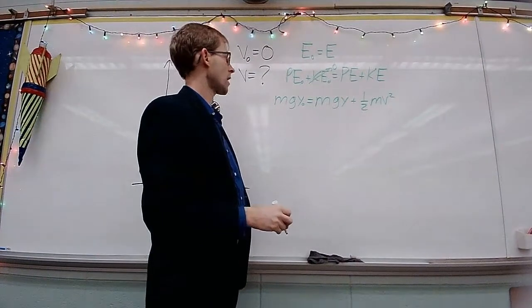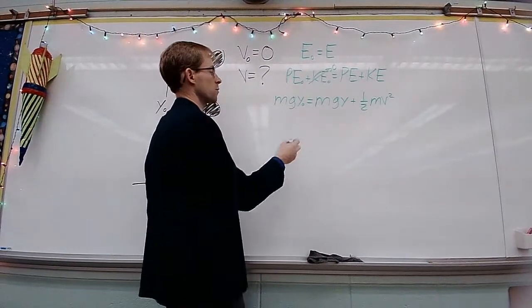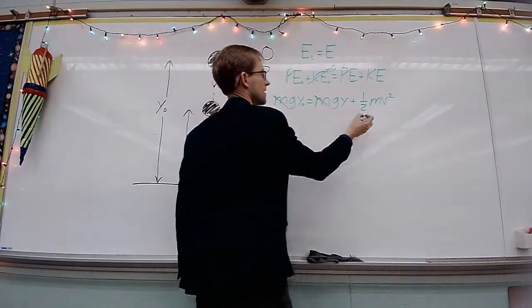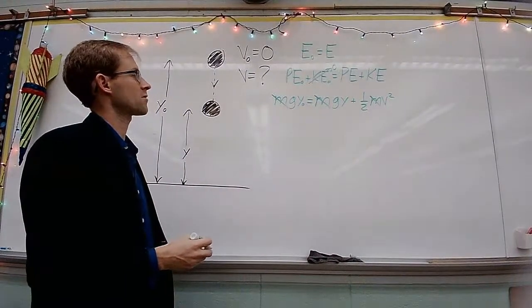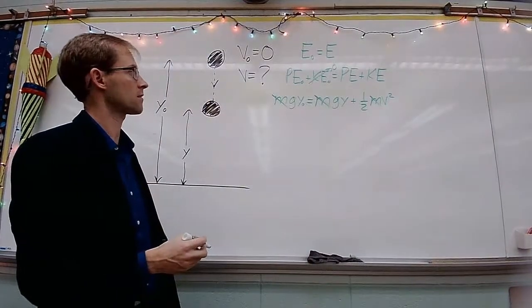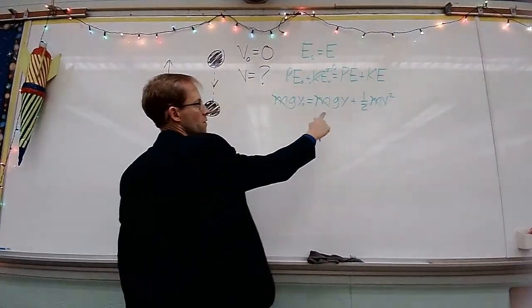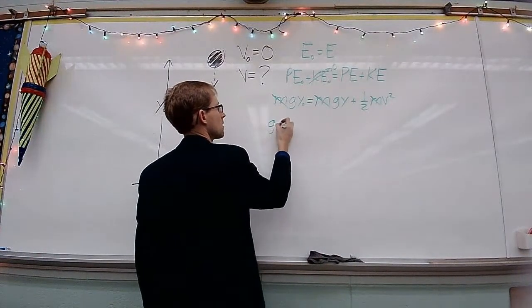And before I do that, I'm just going to go ahead and make my life a little bit easier. There's all these m's all over the place. Let's just get rid of them. So there they go. If I want to solve then for my velocity, I'm just going to isolate it. So I'm going to move this gy to the other side.